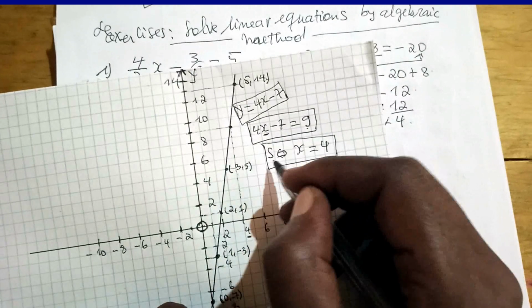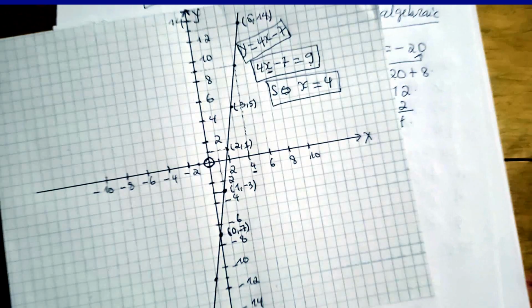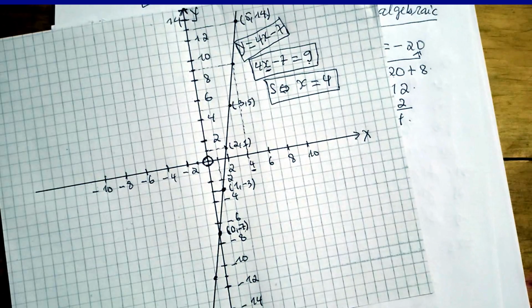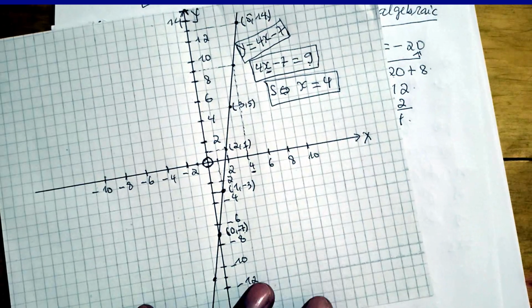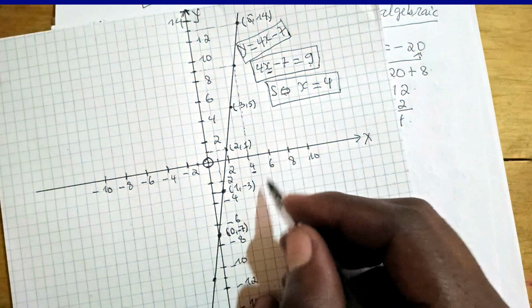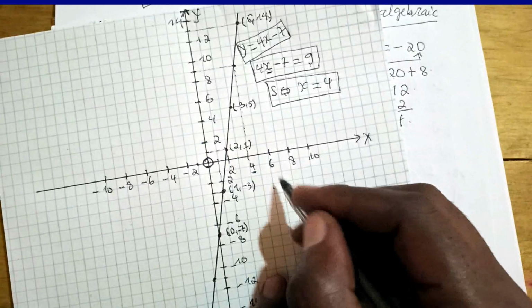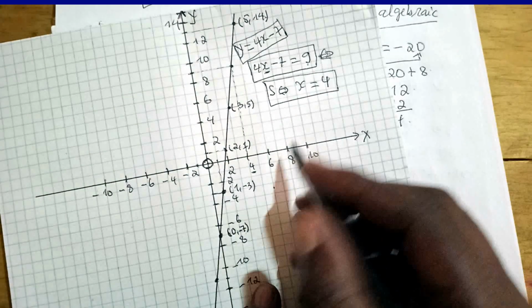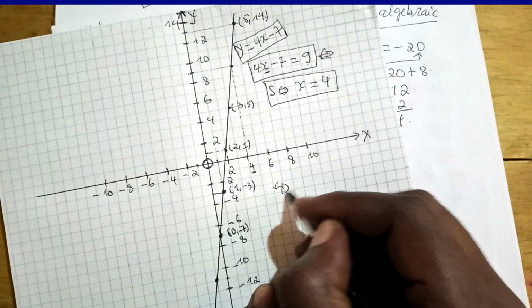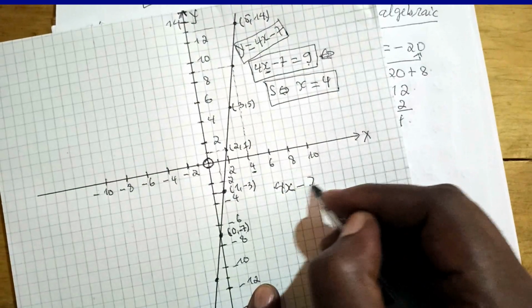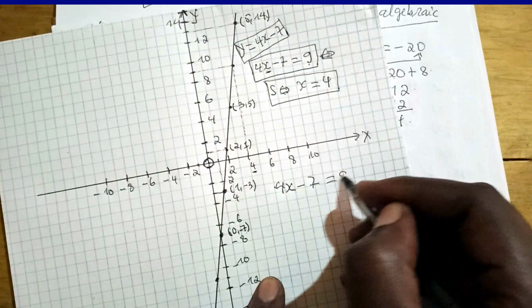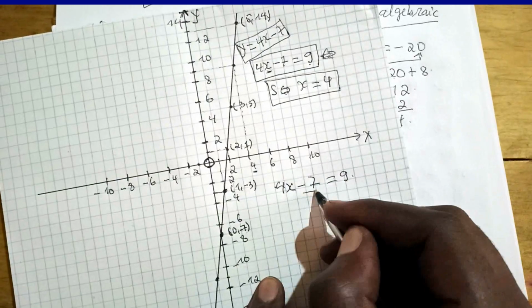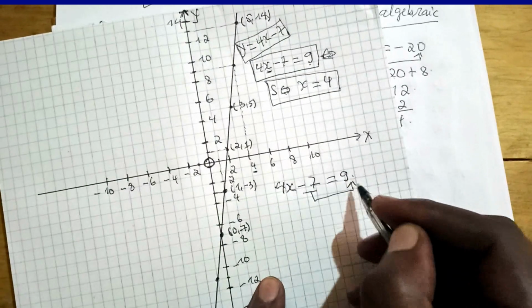So by using the graphical or the algebraic method, both give the same answer. Let us verify our solution. Let us solve this equation by using the algebraic method. We have 4x minus 7 equal to 9. Then we take this negative 7 to the right side of the equal sign.